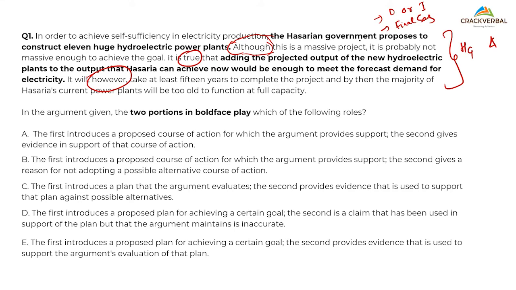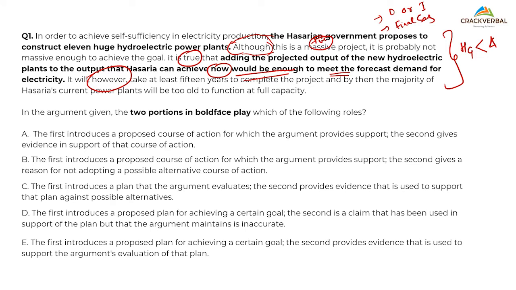Although it is a massive project, probably not massive enough. So he's giving some positive aspect to it, but also saying probably not massive enough to achieve. But it is true that it could now be enough to meet the forecast. So the author is not negating, but there is a perspective that the author has.